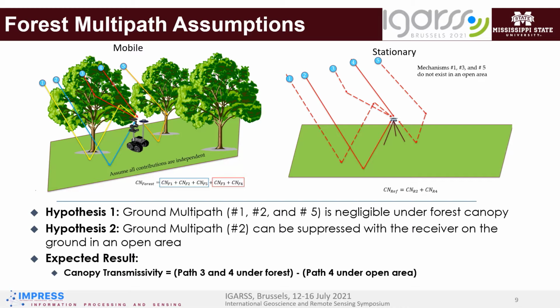So, our working hypothesis number 1 is that ground multipath 1, 2 and 5 is negligible under forest canopy. In the open area on the right side figure, mechanisms 1, 3 and 5 do not exist. So our hypothesis number 2 is that ground multipath number 2 can be suppressed with the receiver placed on the ground in an open area.